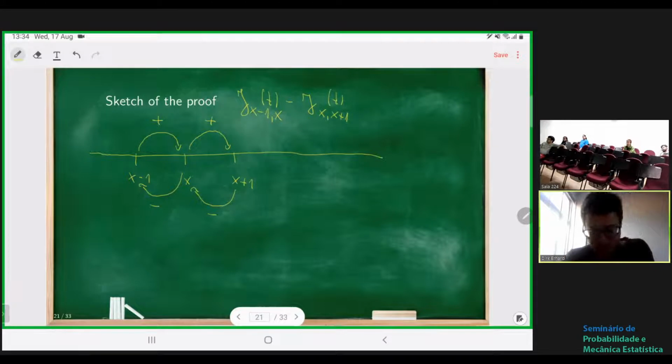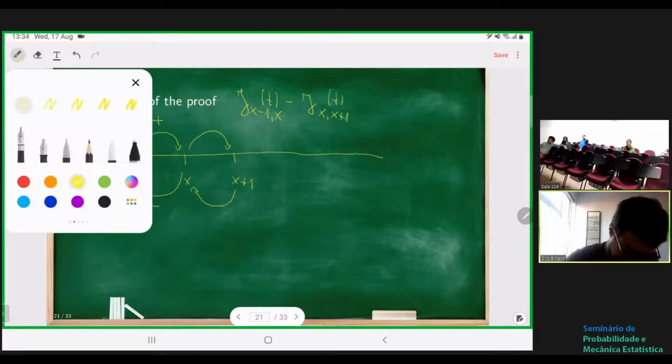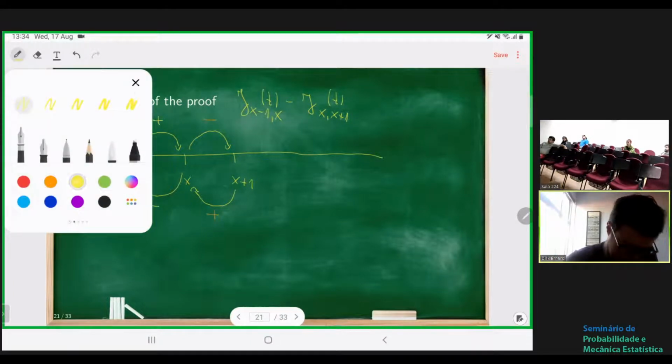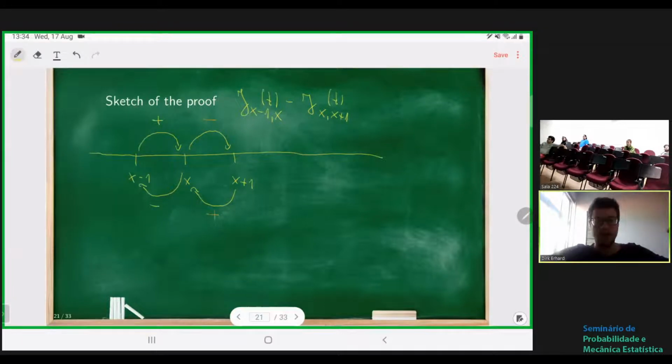However, now we subtract j of x plus 1, so we need to switch the signs. The plus becomes a minus and the minus becomes a plus. So really what is happening here is every time there's a particle jumping on top of x, you count plus 1. Every time there's a particle jumping away from x, you subtract 1.